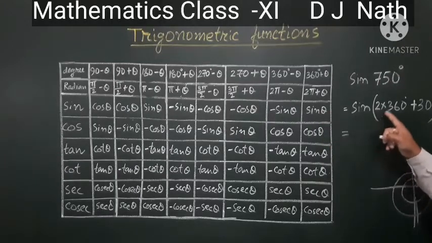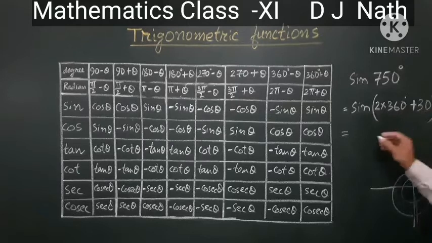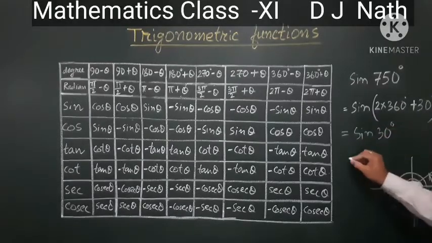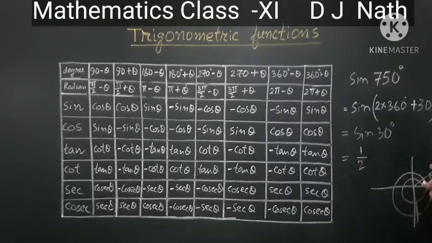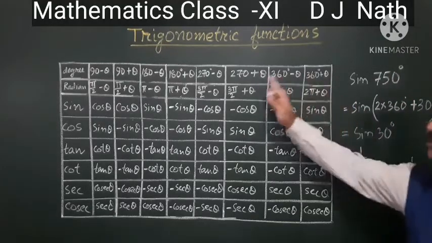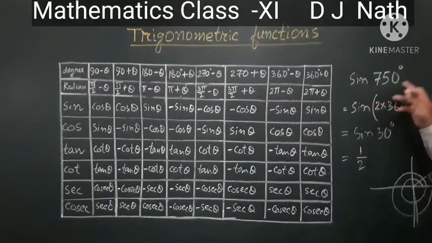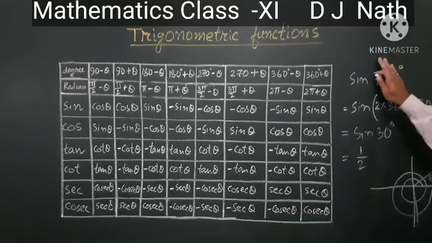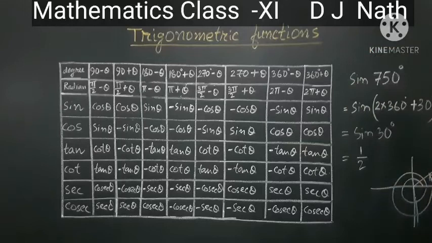So sine of 2 into 360 plus 30 degrees will be sine 30 degrees only. What is the value of sine 30 degrees? 1 by 2. So the value of sine 750 degrees is also 1 by 2.